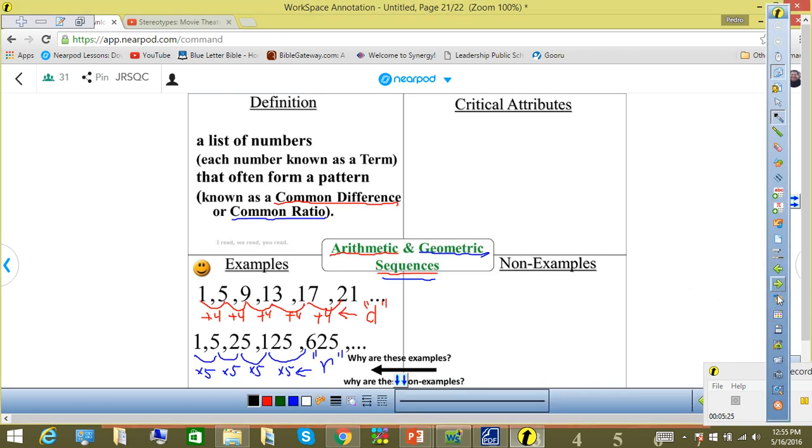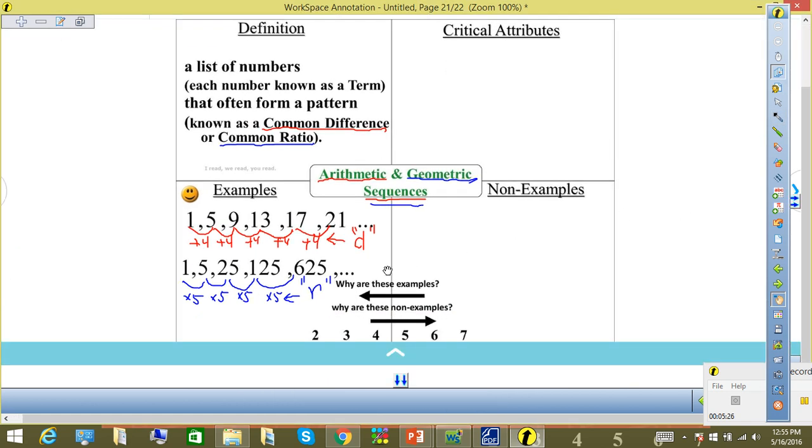Okay, look up, please. So I heard you guys that it can't be both. I understand that. But the key word here, it has to be consistent. So here it's consistently plus 4. Over here it's consistently times 5. Cannot be switching back and forth.